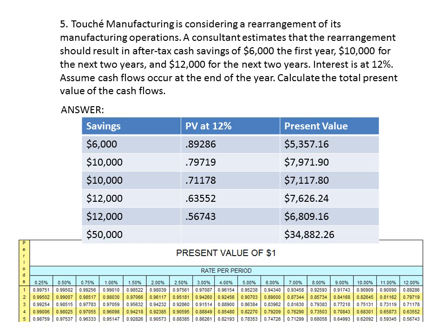This next problem is problem 5. It reads, Tucci Manufacturing is considering a rearrangement of its manufacturing operations.